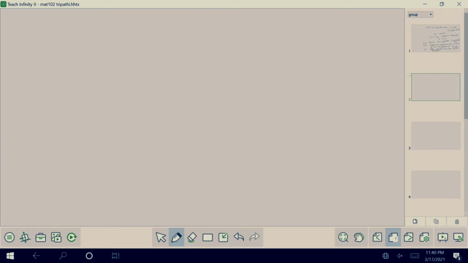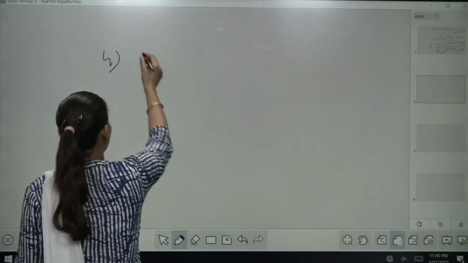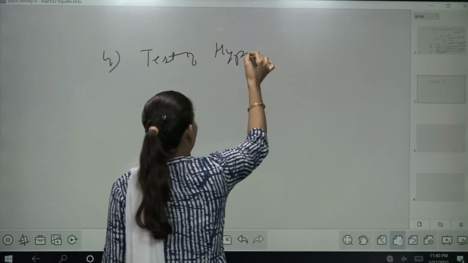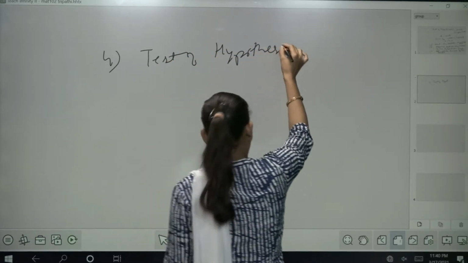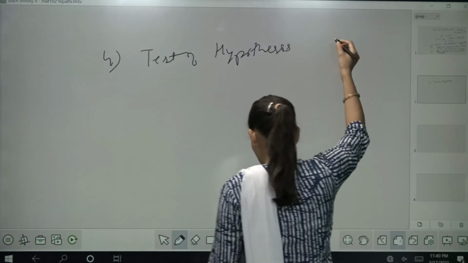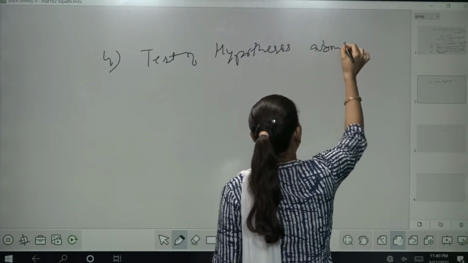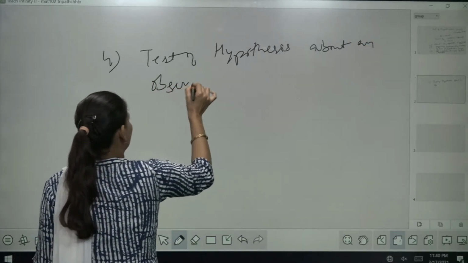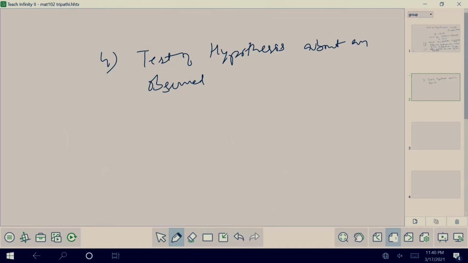Now, the fourth application, or you may say the uses of the t-test: test of hypothesis about an observed coefficient of correlation.